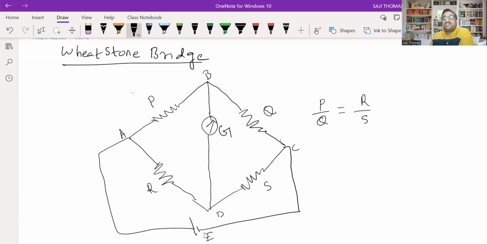Then the bridge is said to be balanced. When the ratio P by Q equals R by S, the points B and D will be at the same potential, so no current will flow through the galvanometer. Current through the galvanometer is 0. This condition is known as Wheatstone principle.